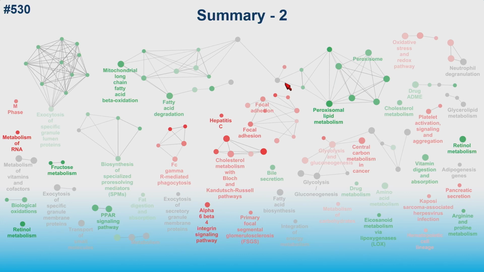And when we look at the gene expression, there are thousands of genes differentially expressed between the two. Right now in here you can see some of the genes and pathways that are upregulated in red, and some of the pathways that are downregulated shown in green.